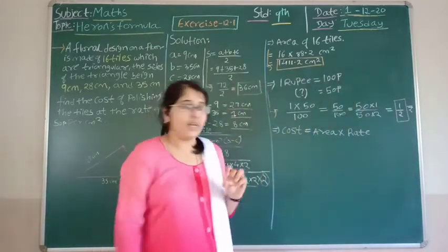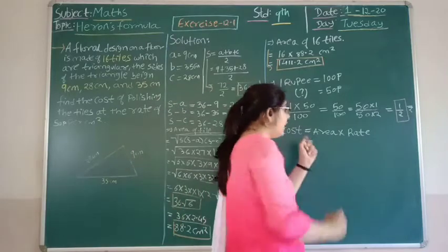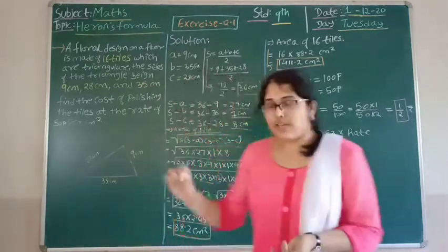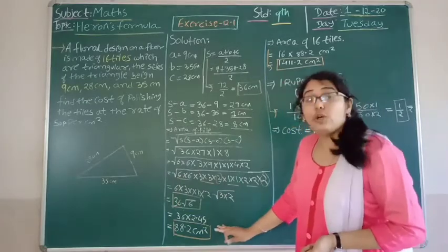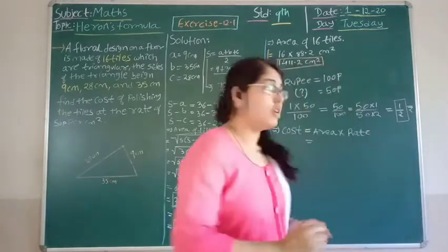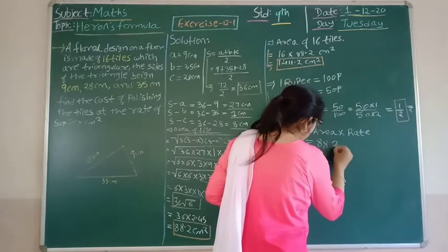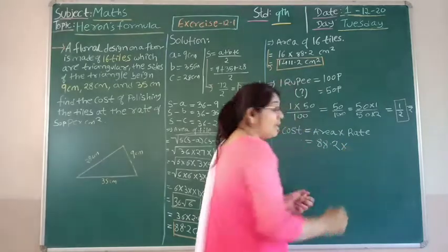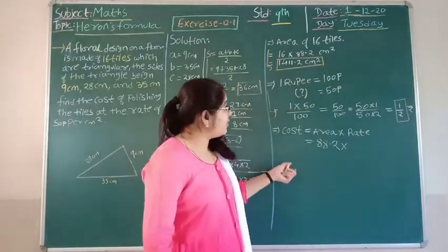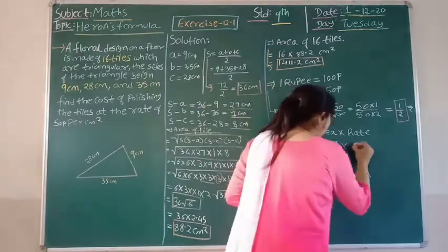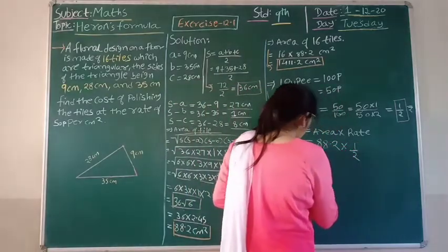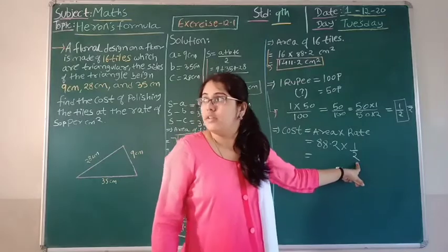Area multiplied by rate, and we have been given the area which we have found, that is 88.2 centimeter square. So apply over here 88.2 multiplied by the rate, and the rate is 1 by 2. So this is multiplication.